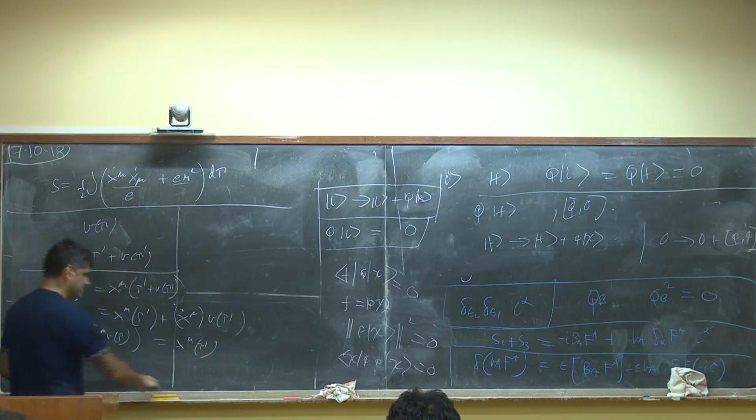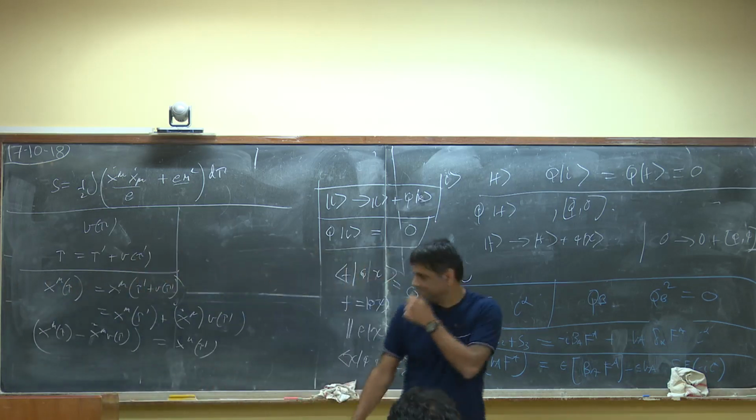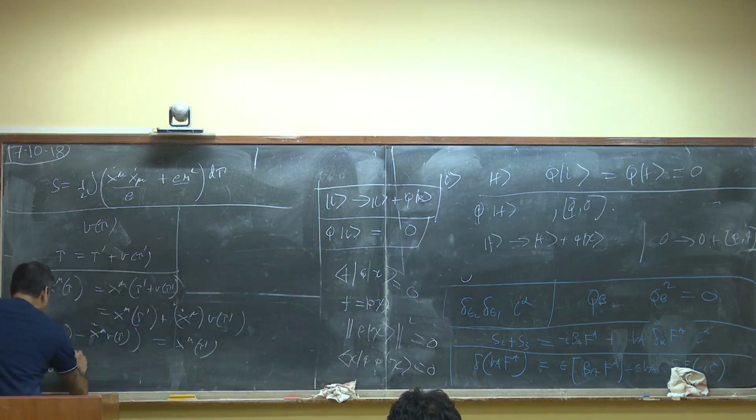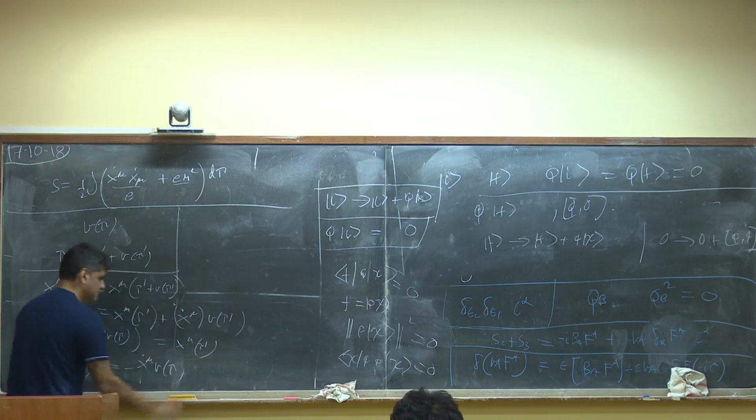The difference between tau and tau prime doesn't matter here, and therefore delta x mu of tau is equal to minus x mu dot v of tau.